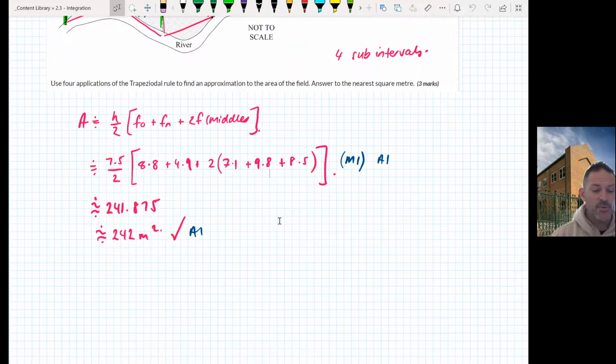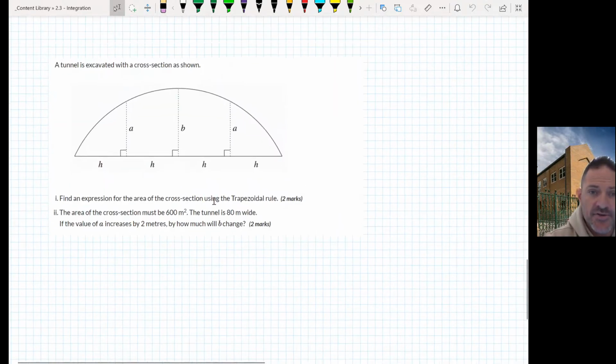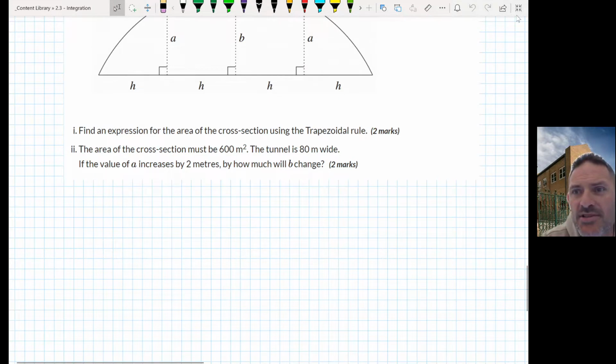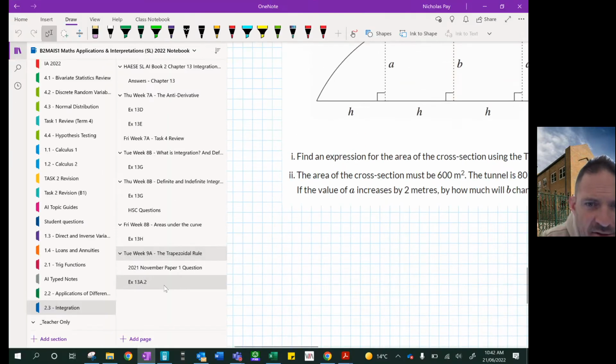But if you would like to look at a harder question and you want to listen on, do so. This came out from the Standard 2 paper last year, or the year before, I think it was, in HSC. So it's an HSC question, but I really, really like it as a hard question. So again, if you want to go do the questions, go on and do the questions. I will just double check before I do this.